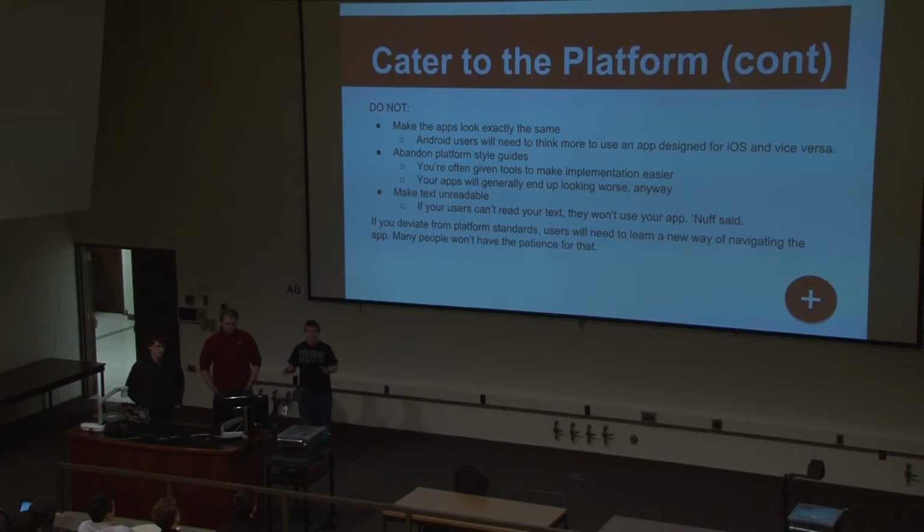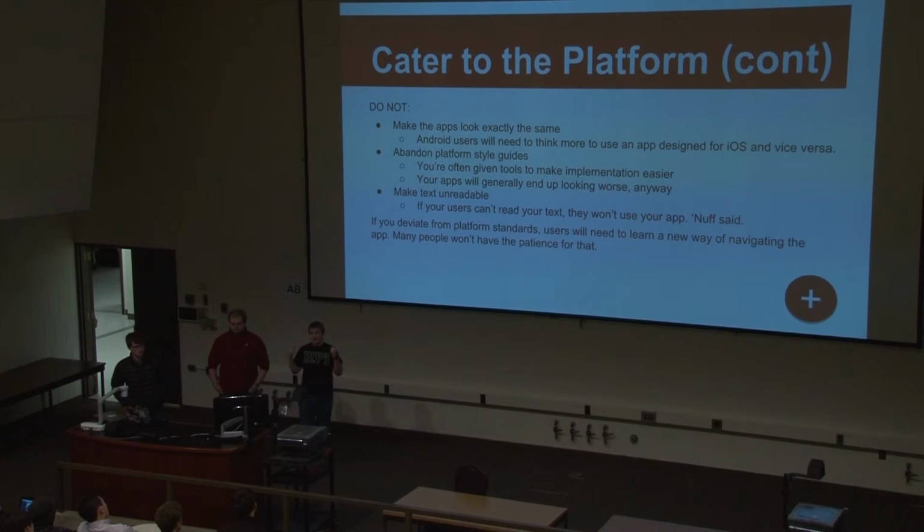Also, some things we went through sort of describe catering to your platform. As I said before, don't make your apps look exactly the same on both platforms because you want them to feel natural to your users.